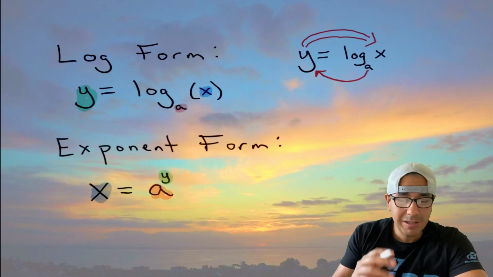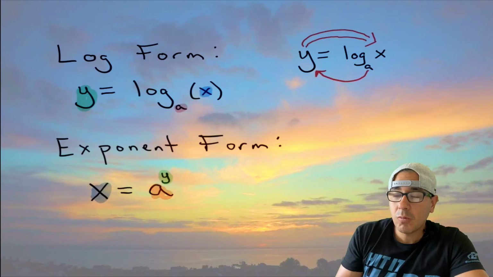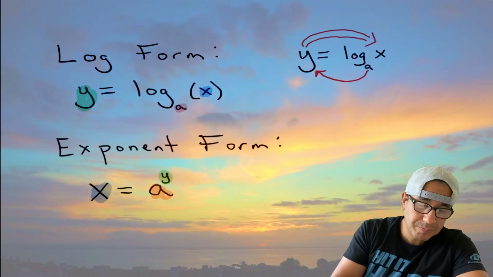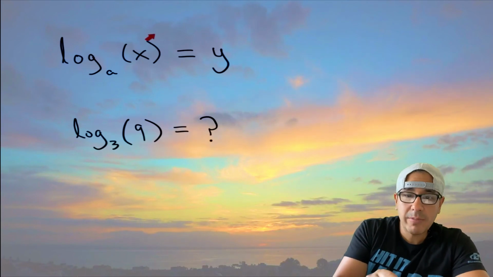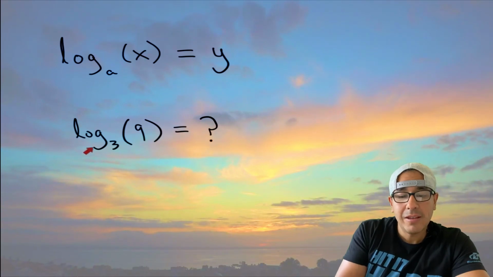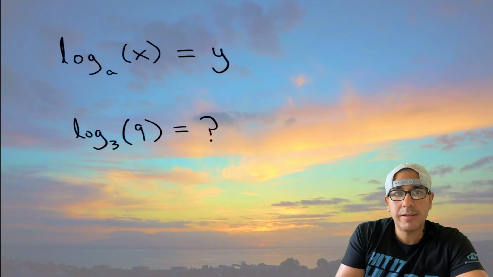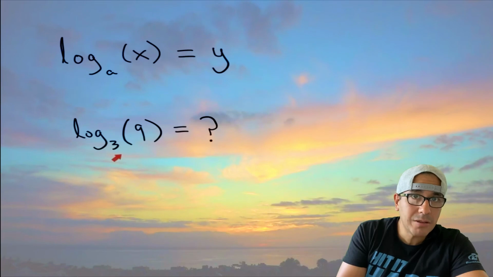All right, so let's go ahead and do a quick little example before we get into the hardcore stuff, right? Because we're laying down that foundation. All right, so here's a reminder of logarithmic form. And here we have a logarithmic expression, and I want to evaluate this, right? So we have log base 3 of 9, log base 3 of 9, right?